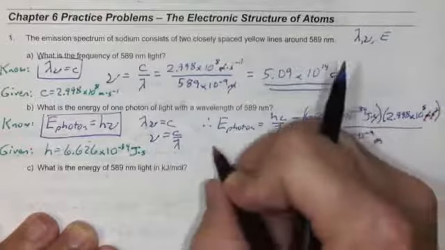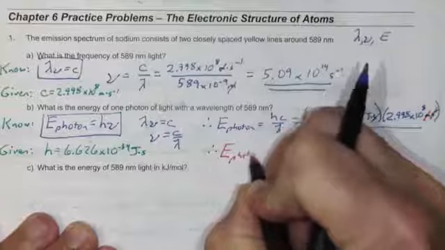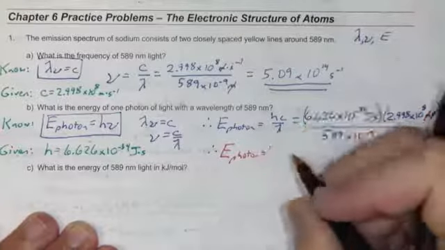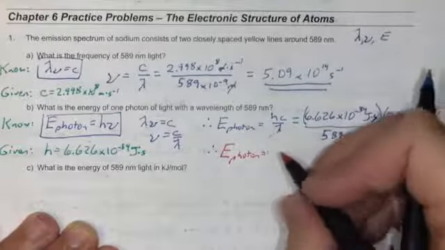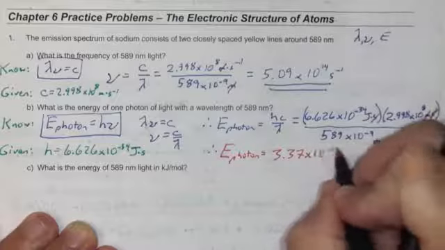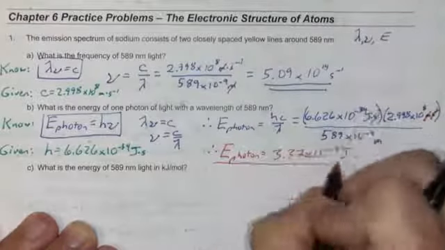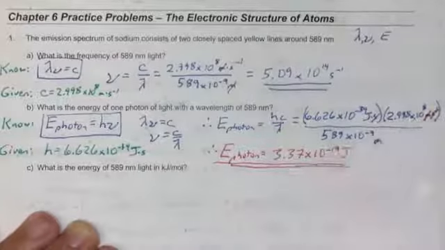And the energy of one photon of light, when we calculate that out, is equal to 3.37 times 10 to the negative 19 joules. That's the energy of one photon of light that has a wavelength of 589 nanometers.